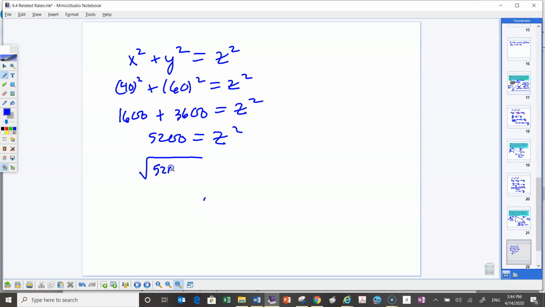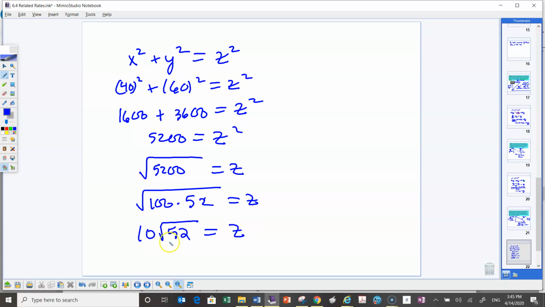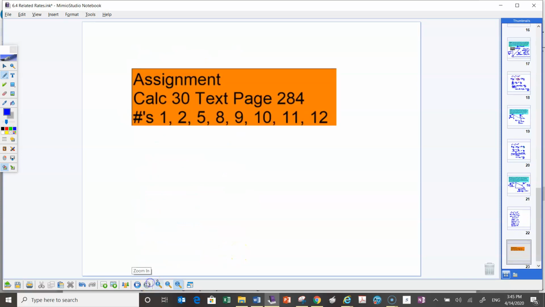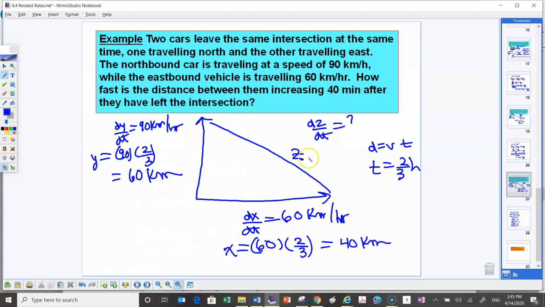So root 5200 is equal to z, and I'm just going to simplify that. This is really 100 times 52, which is 10 root 52. And 52 is 4 times 13, so this is really 20 root 13. So z is 20 root 13 kilometers.